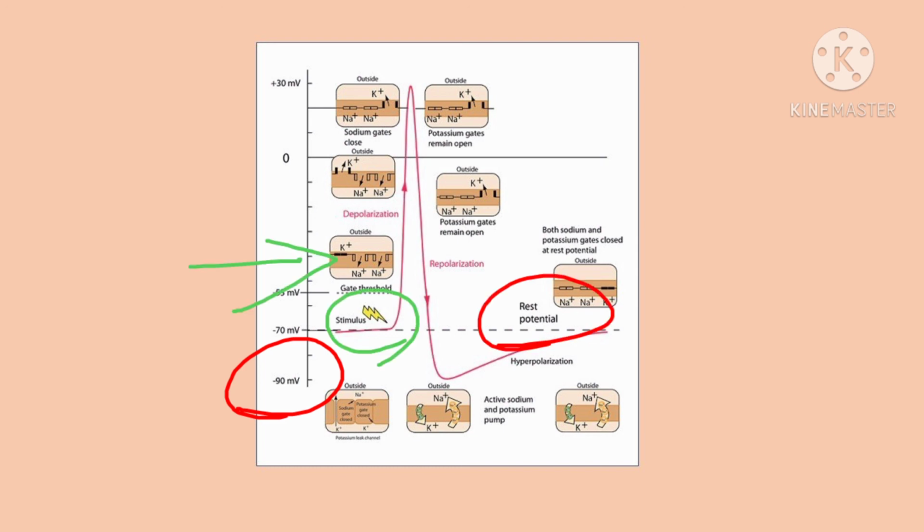When a stimulus occurs, it will change into a depolarized condition. In this condition, first the sodium influx takes place, sodium is coming inside of the cell, where the potassium channel is still closed during the depolarized condition.